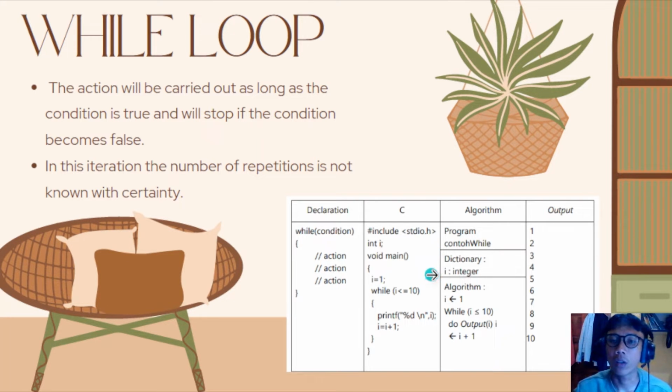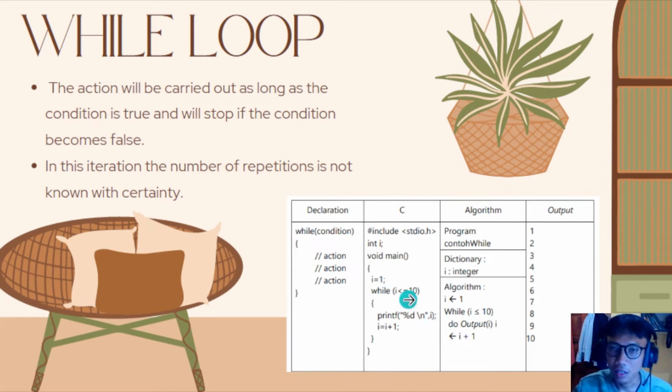So as long as I is less or equal to 10, the action inside the loop will continue to loop until the condition has a false value. For example, the false value is I equal to 11. So it doesn't meet the condition, so the program will not execute anymore.